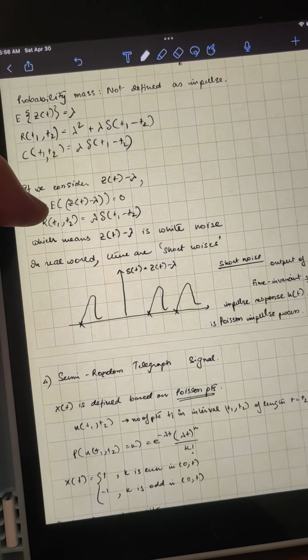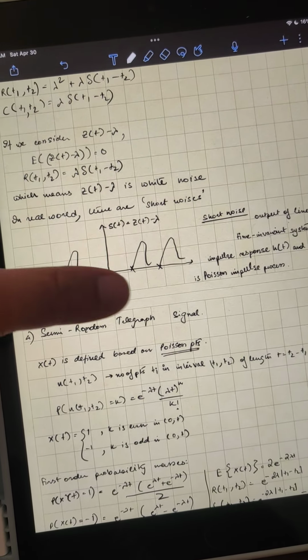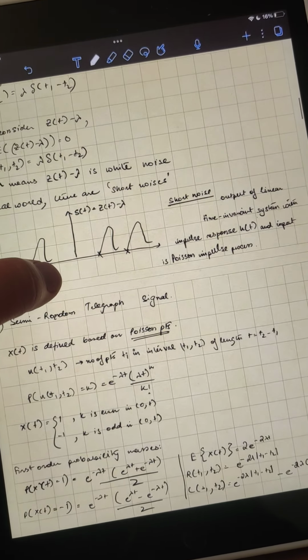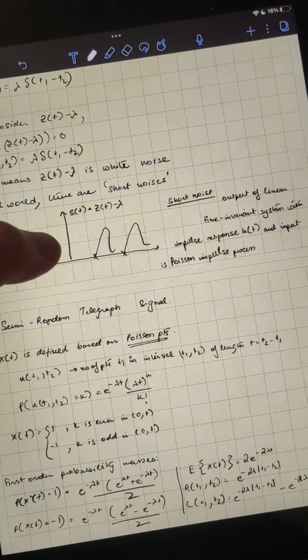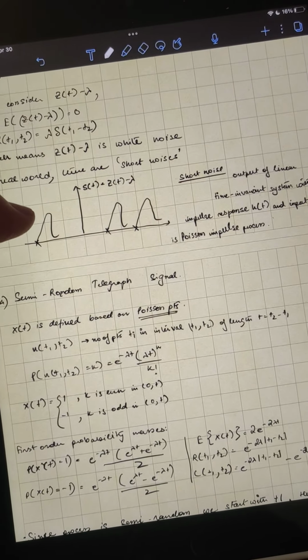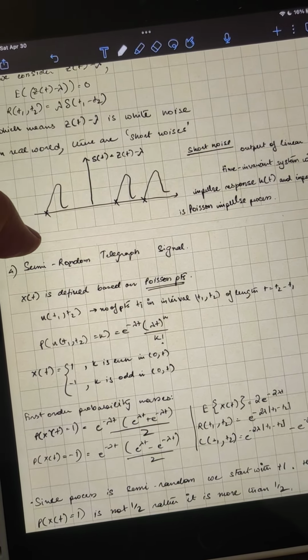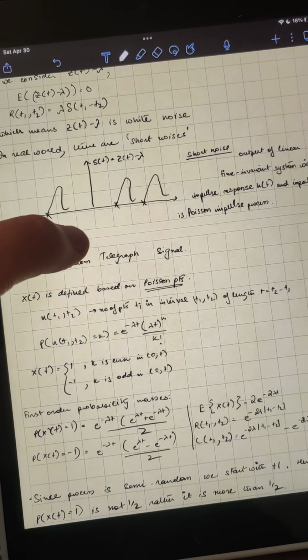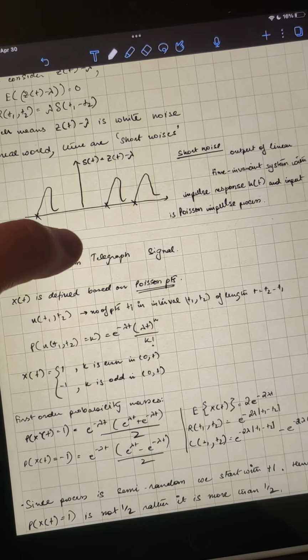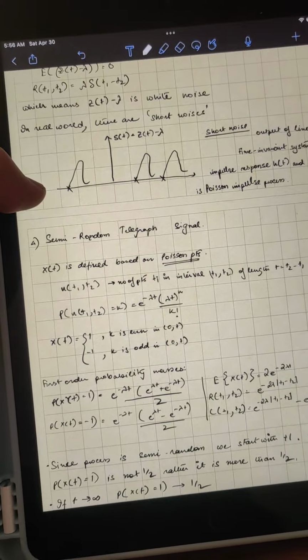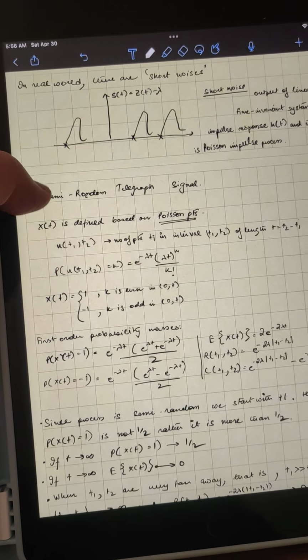It is like white noise, and it can be represented like this. So it is the output of a linear time variant system with the impulse response ht, and input is Poisson impulse process, obviously.